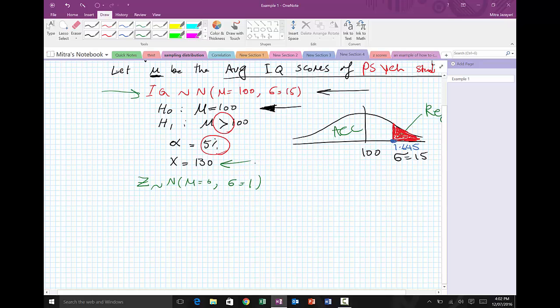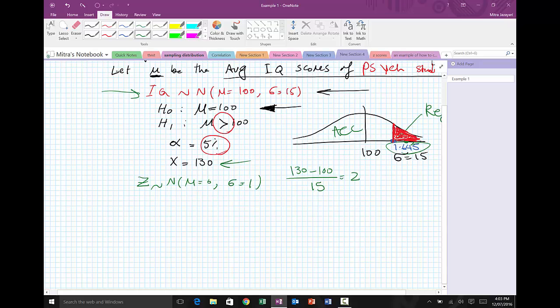Now, what do we have to do? We have to standardize 130, our observed value. We say 130 minus 100 divided by 15, and we get a z-score of 2. This z-score of 2 falls in the rejection region, because it is more extreme than the cutoff score of 1.645.